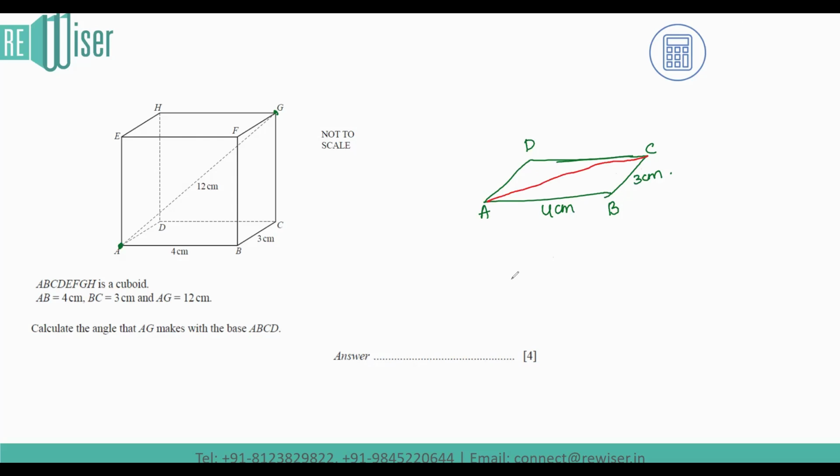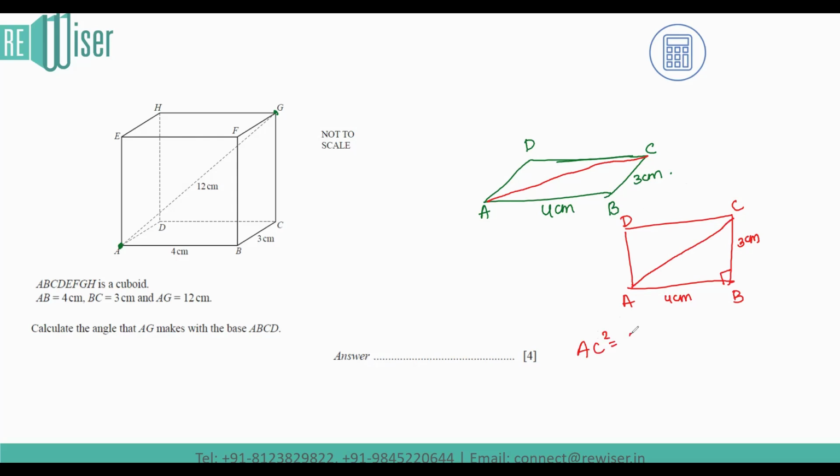On having the cross section of this base, it looks something like this: A, B, C, D. The base is a rectangle, perpendicular at angle B. AB is 4 centimeters and BC is 3 centimeters. From here, we get the value of AC with the help of the Pythagoras theorem.